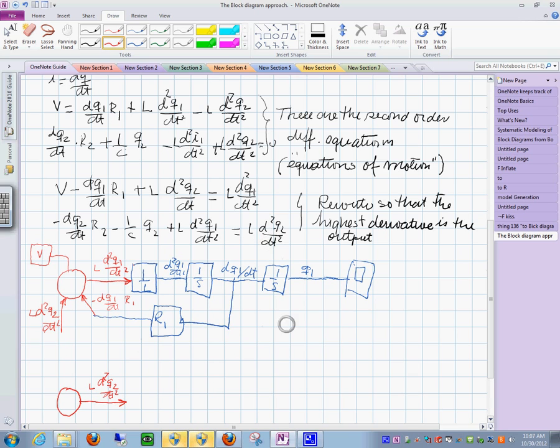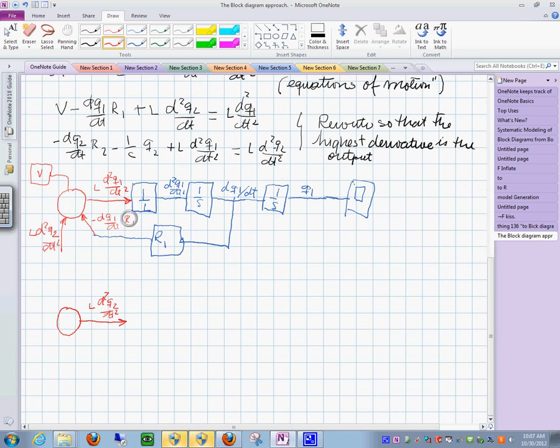And then I need as terms, I need the one that says, in here you have this term, this one, right? That has L times d squared q sub 1 dt squared is one of those.